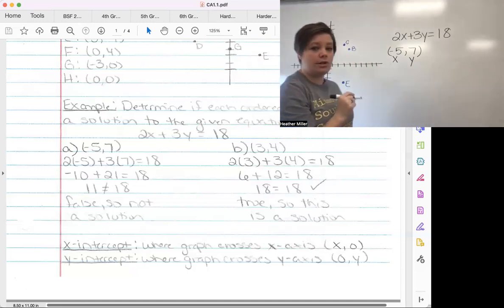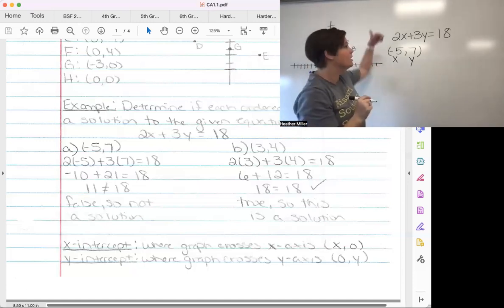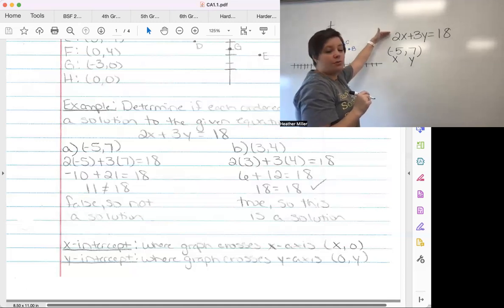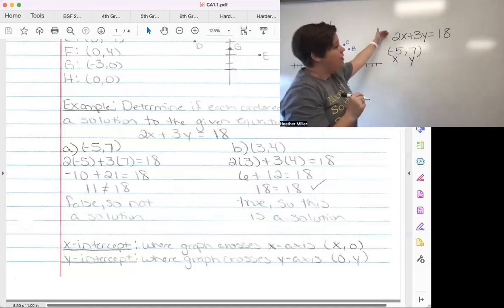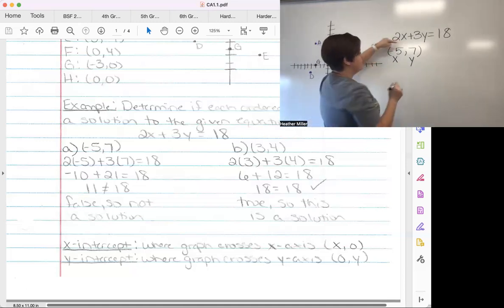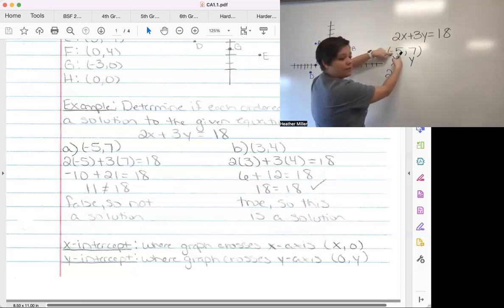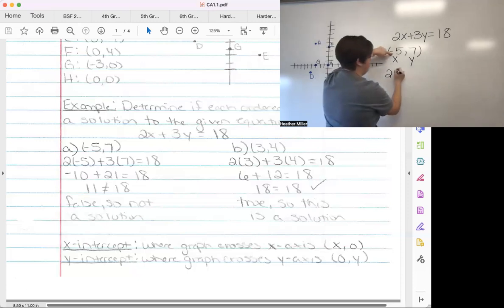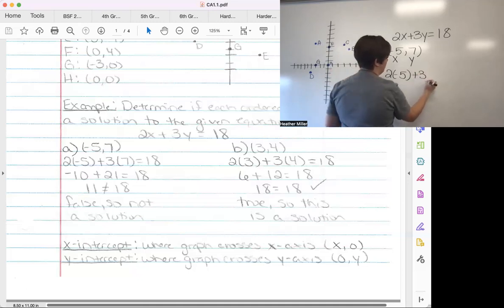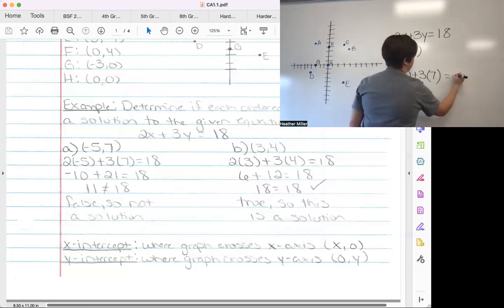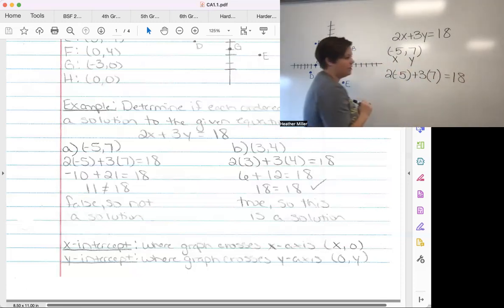So what we're going to do is substitute those values into the equation and see if we get a true or false statement. So instead of writing 2x, I'm going to write 2 times, well, what's the x value? In this ordered pair, it's -5. So I have 2 times -5 plus 3 times my y. My y value is 7. And then equals 18.